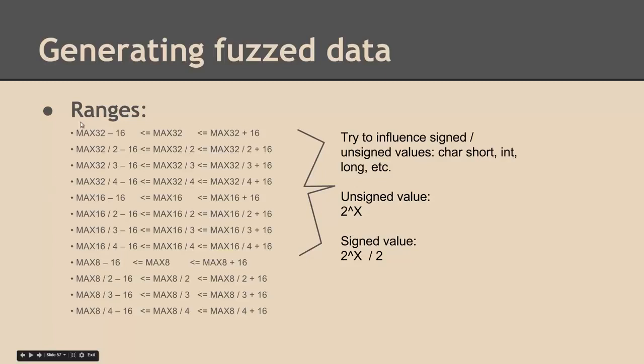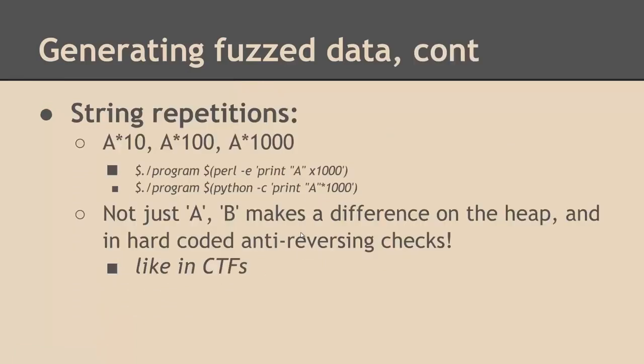Basically, you can divide the max 32, max 16, max 64, max 8 just by 2, 3, 4, and then play around with plus or minus 1 or 2 bytes, 16, 8, 32, etc. And string repetitions are another easy case.